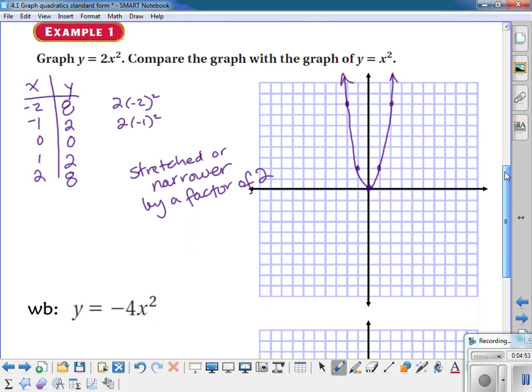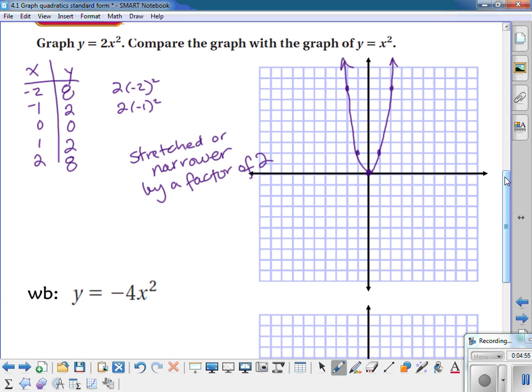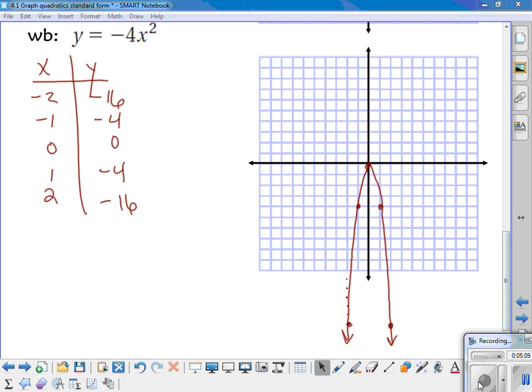So I have one for you guys to do on your whiteboards. You're going to graph y equals -4x squared. Okay, so do we all end up with something like that? Looked like most of you were getting that.